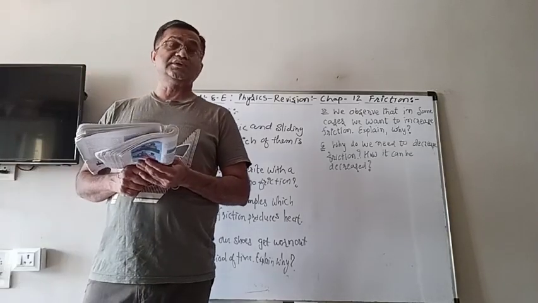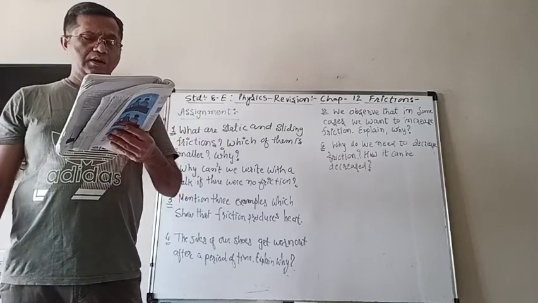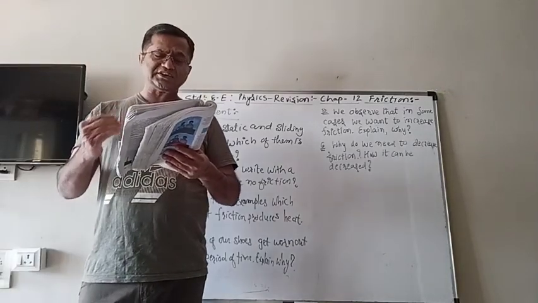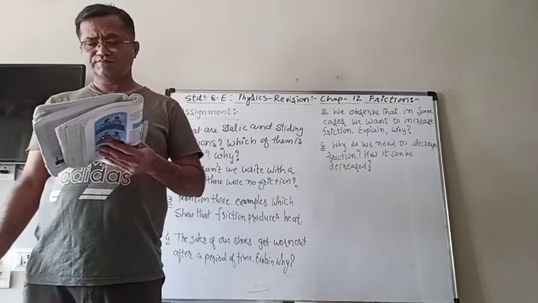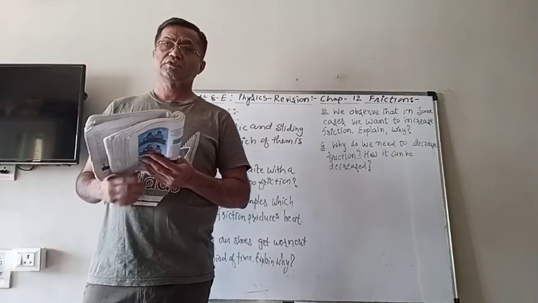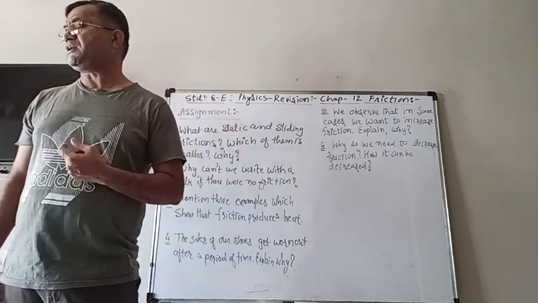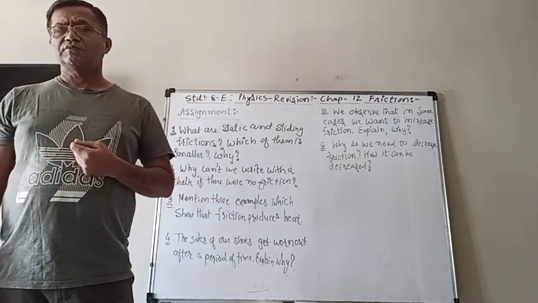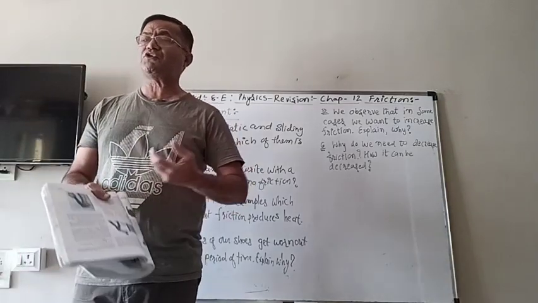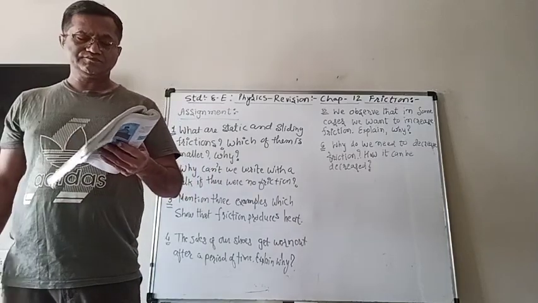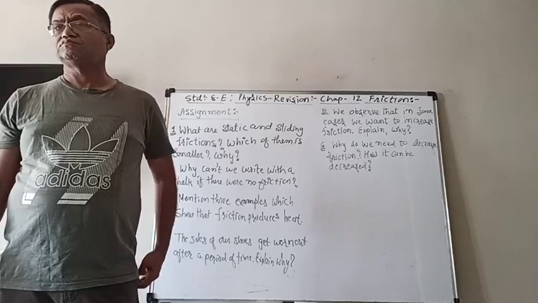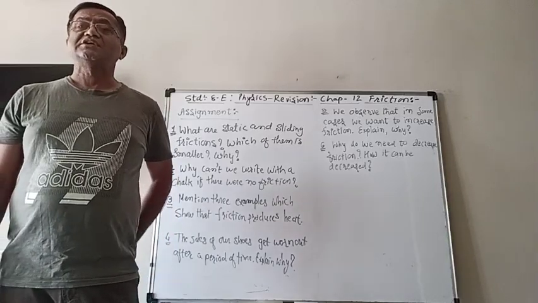Here, the measure of friction is the force required to overcome friction at the instant when the object starts moving from rest. So, to move the object from rest, the measure of force that we should apply so that it can overcome that friction is known as static friction.